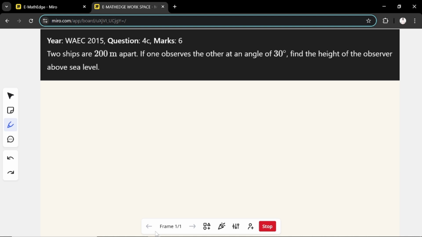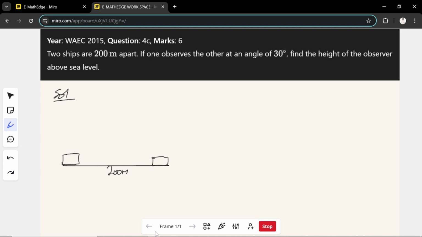So let's start by bringing out the two ships. Now let's say we have the first ship to be here, and we also have the second one to be here. Now the distance between the first one and the second one was given to be 200 meters apart from the question.